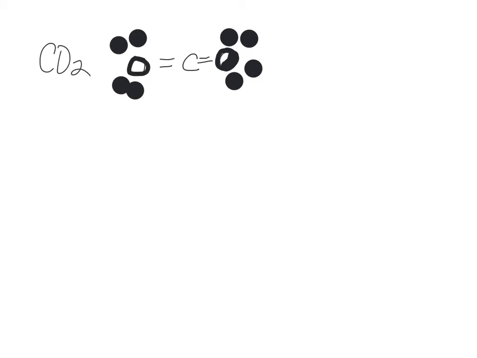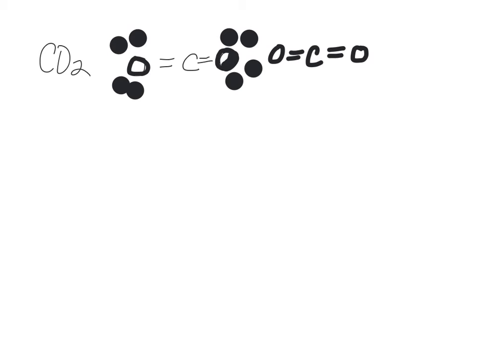Wow, I'm making dots. Okay, so there we go. There's our beautiful Lewis structure. So those are the lone pairs of electrons. Now, structural formula, of course. Just shows the bonds.